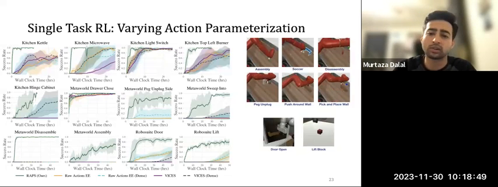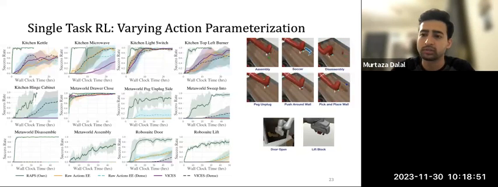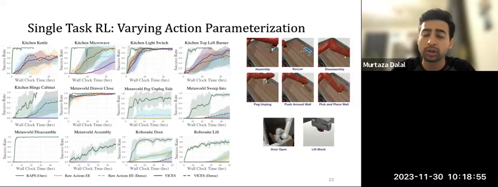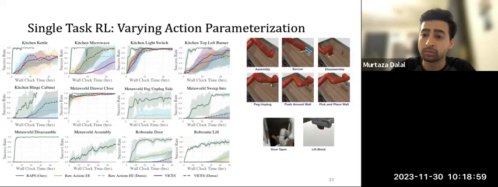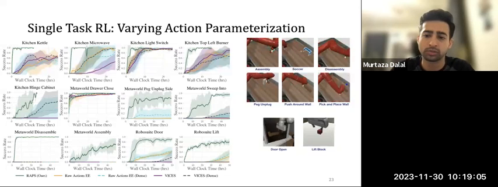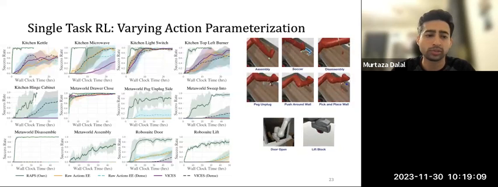What we find is that across every environment in every domain, WRAPS largely outperforms the baselines. We're able to very quickly learn to solve every single task, and much more efficiently than a lot of these prior works. Even if we allow the baselines to use dense rewards, which is shown in the dotted line, they still cannot match the performance of WRAPS.